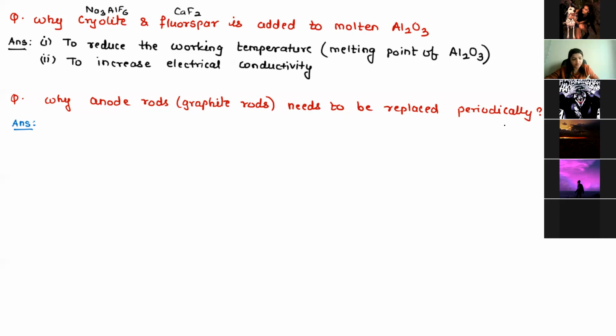So the anode needs to be replaced periodically because O2 gas is liberated at the anode, which is made up of carbon.